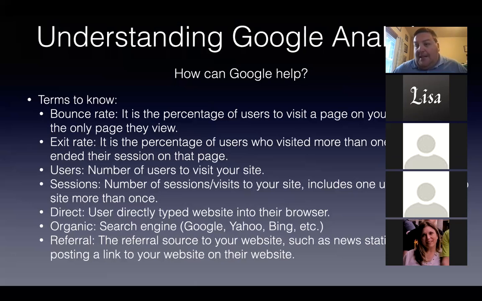That is called a direct hit. Organic is a search engine, which is either Google, Yahoo, or Bing, or other search engines. So if Google is the first page that opens as the default home page in your internet browser, and you type in, let's say, West Bend Theater Company, there will be a hit to the West Bend Theater Company website. That will be called an organic search.